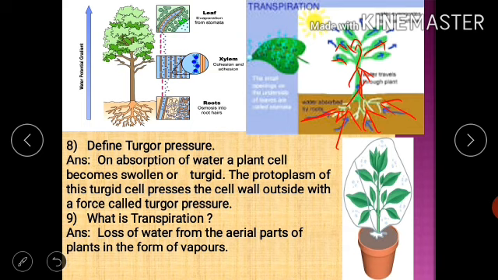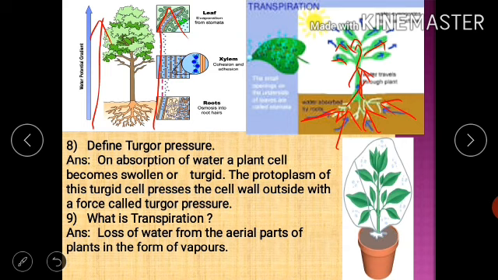That force can also be known as transpiration pull, and this continuous flow of water towards the top of the plant is also known as transpiration stream. Can you see this continuous flow of water from the root to the top is due to the transpiration pull?